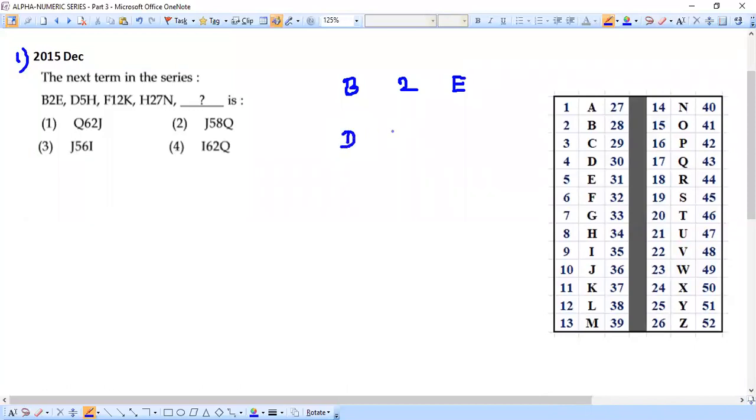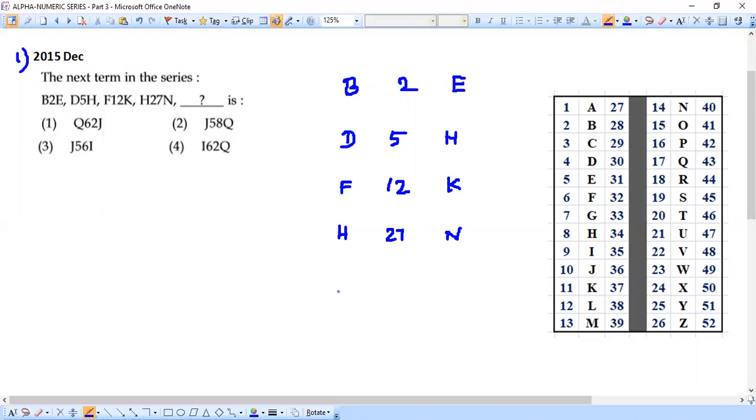As I told, I'm taking them one below the other so that it will be easy for us to observe the pattern and make the operations. The third term is F12K. The next term is H27N. And what is the next term? This is what we need to find.